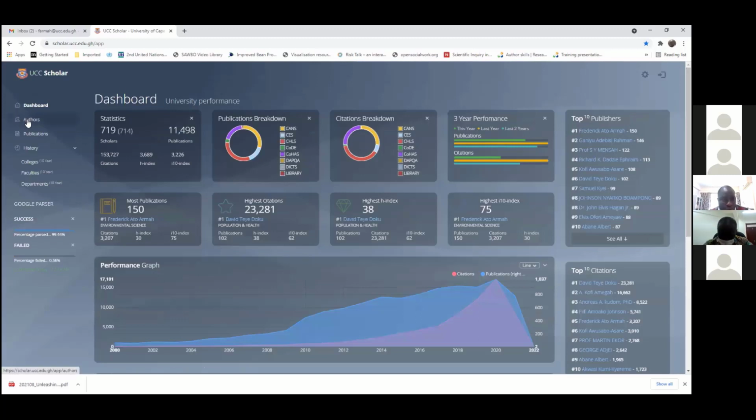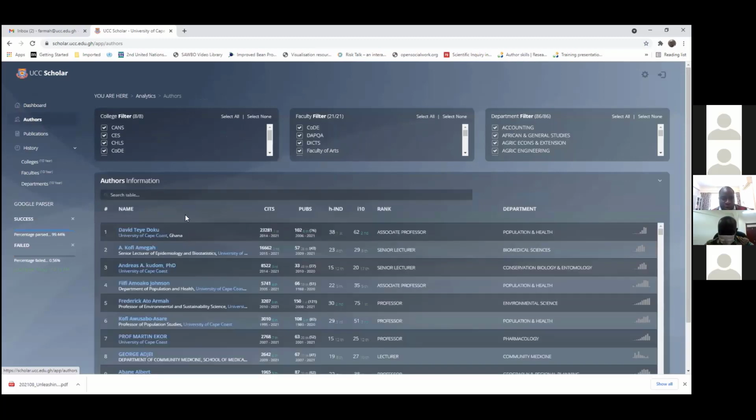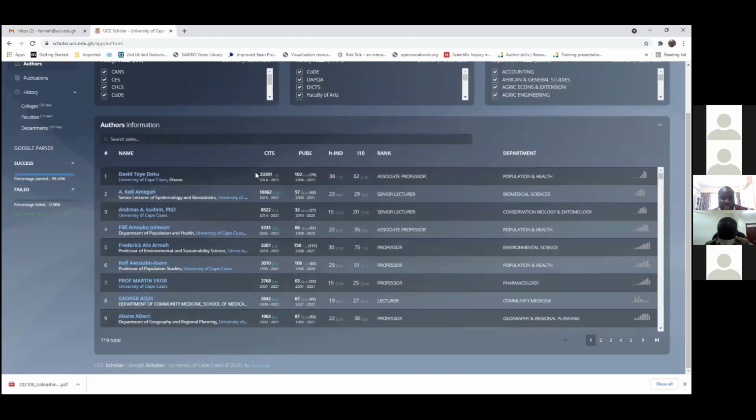Now, you can also do the bibliometric analysis by authors. So when you do this, you see the author list, and it gives us an indication of the most cited individual, and as you move down the ladder. The most cited individual has 23,281 citations, and on and on.